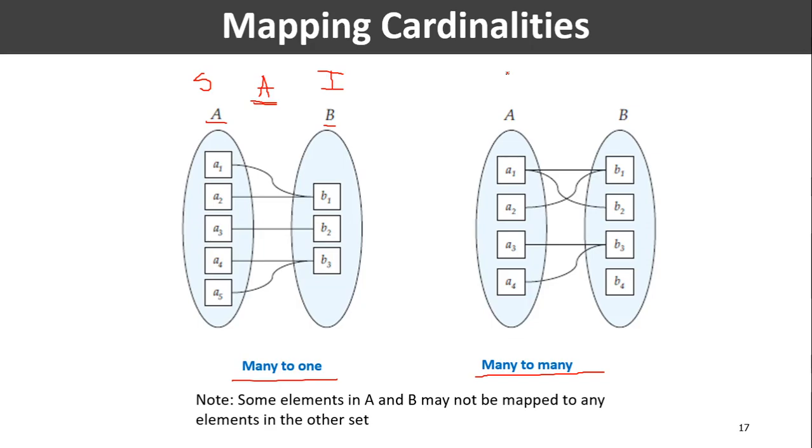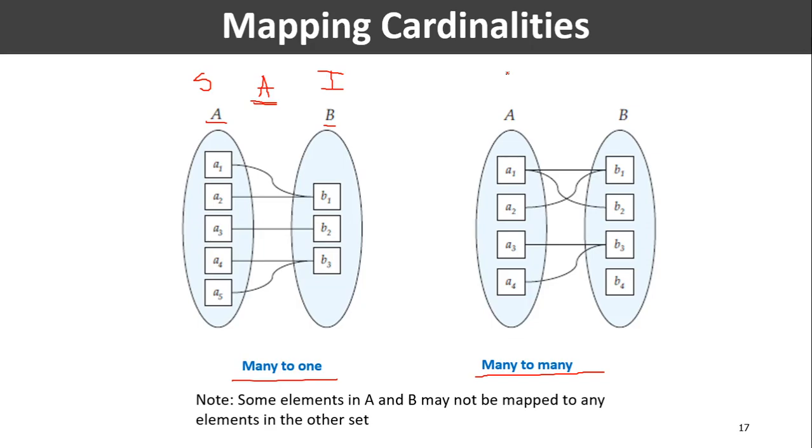I'll repeat, if we allow more than one instructor for one student to work as advisor, and if we allow that one instructor can advise more than one student, then this becomes many-to-many cardinality, or a many-to-many relationship, right.